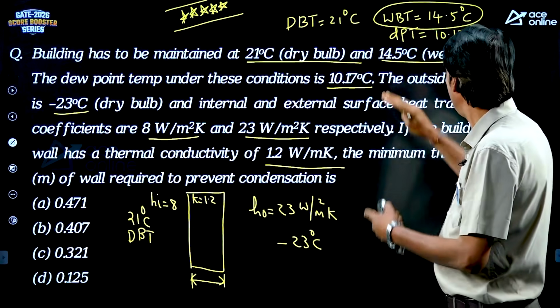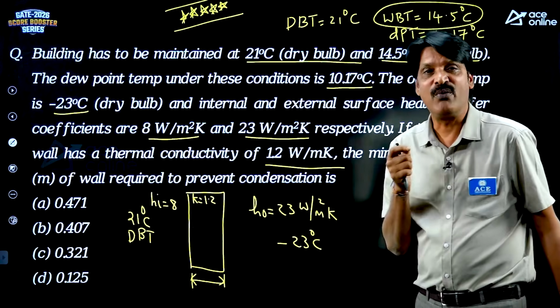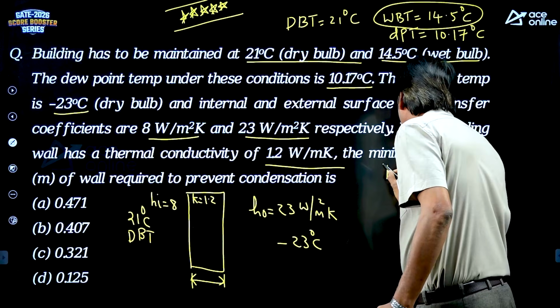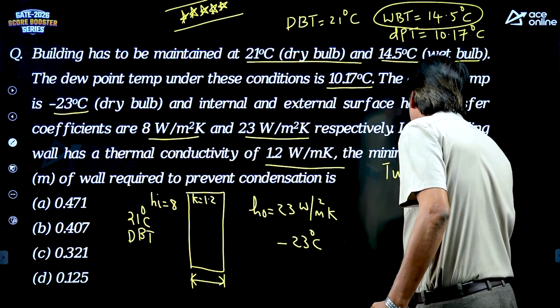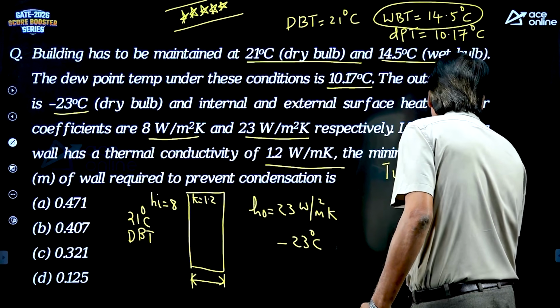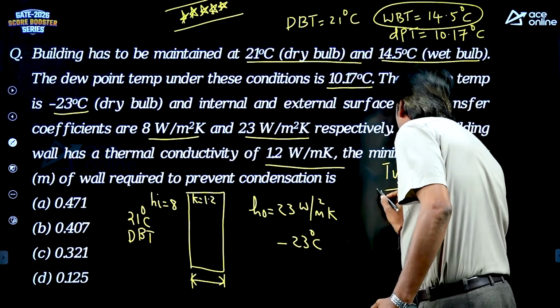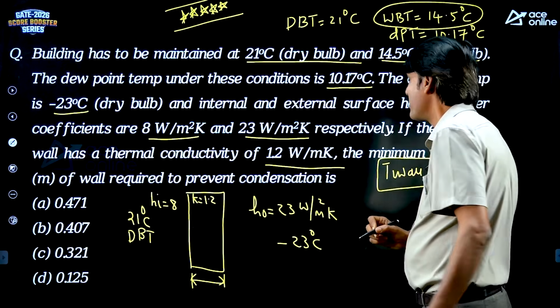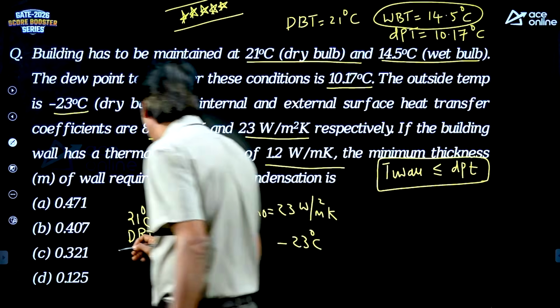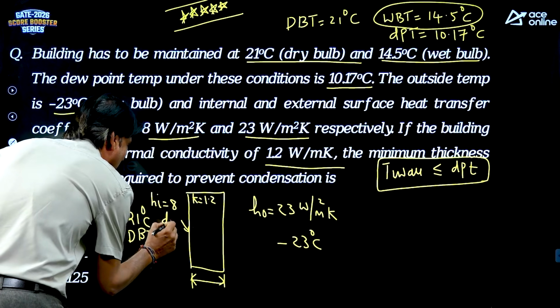So, to prevent condensation: condensation starts when the temperature of the room or the wall, the temperature of the wall, is less than or equal to the dew point temperature. So, this wall temperature here is equal to dew point, not wet bulb.